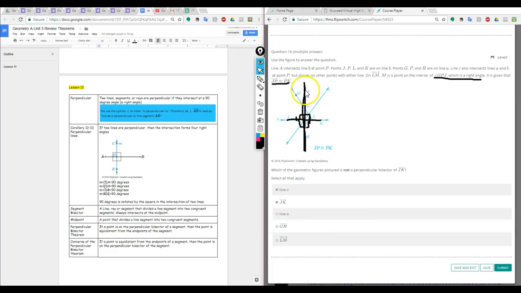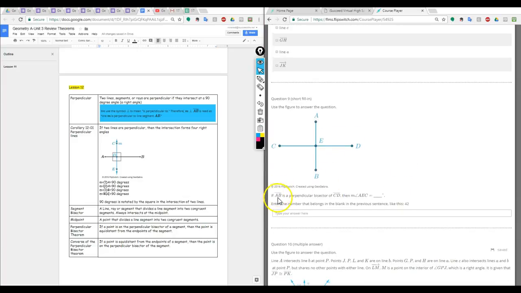Line A is the perpendicular bisector. Segment GH: points G and H lie on line A, so it does form a perpendicular bisector segment. Vector LM is not on line A, so that part is not a perpendicular bisector.